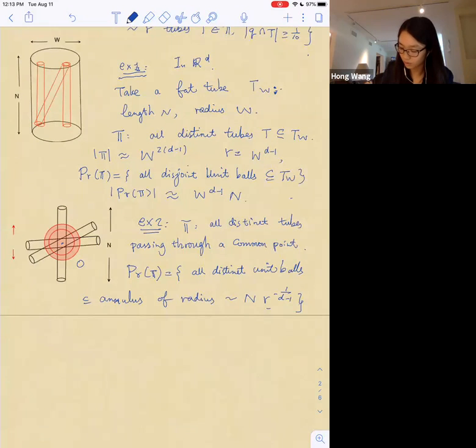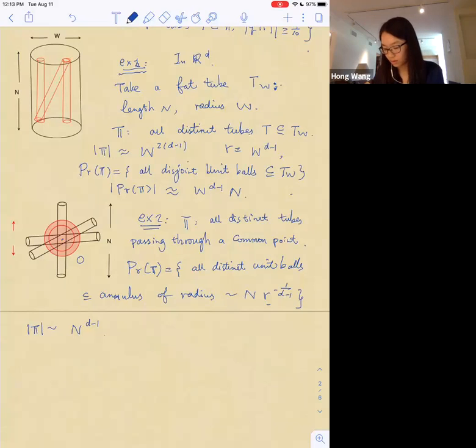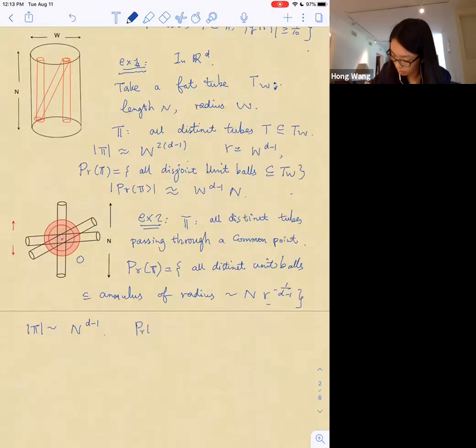And then the number of tubes is roughly n to the d minus 1. The number of r-rich unit balls is n to the dth power.